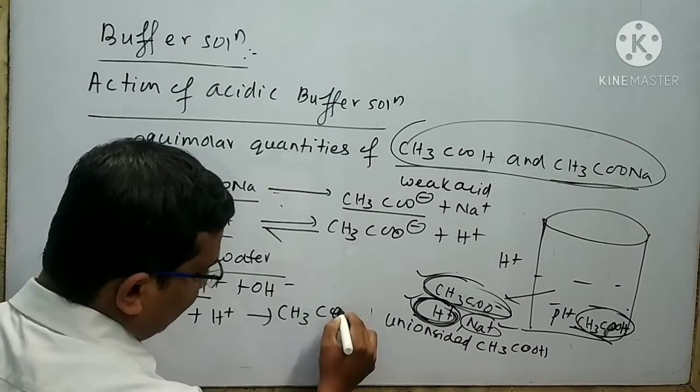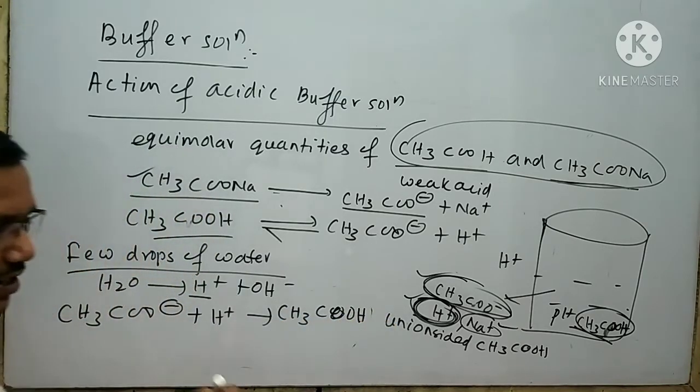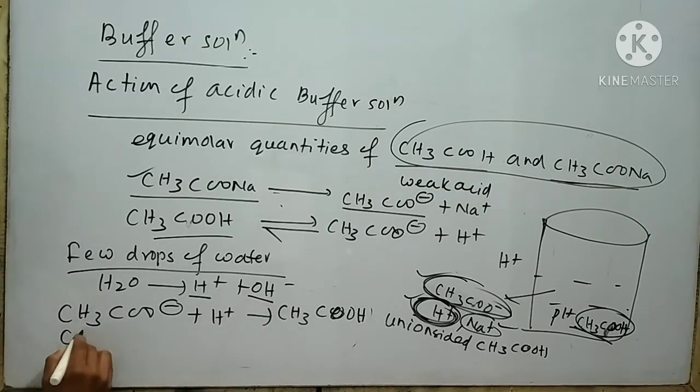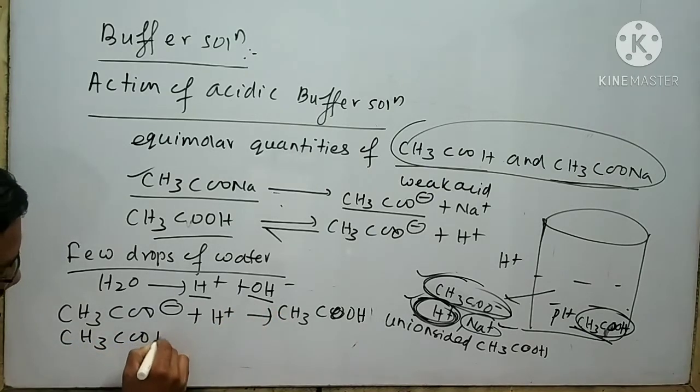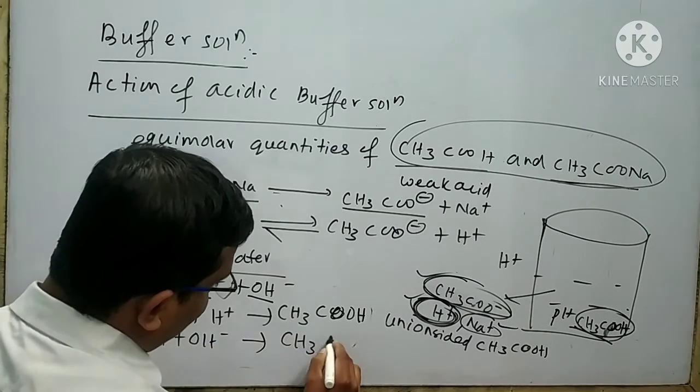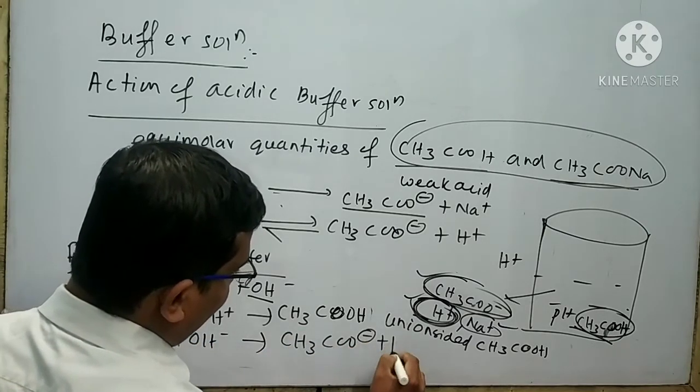Acetic acid is a weak acid, it does not undergo dissociation easily. On the other hand, the OH minus ion combines with the undissociated acetic acid to form the acetate ion and water.